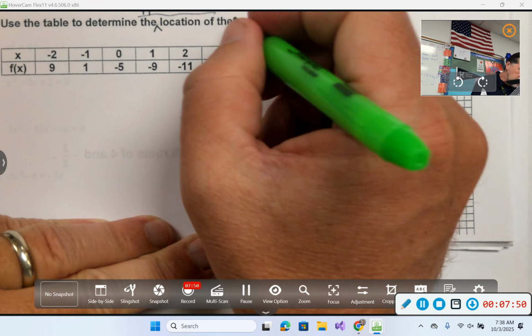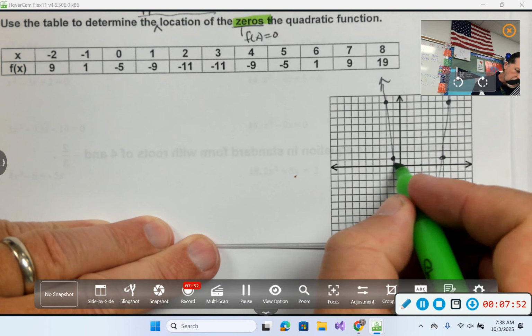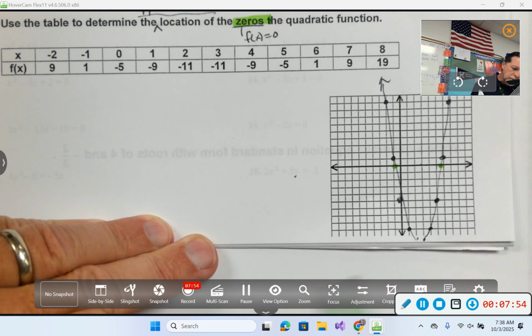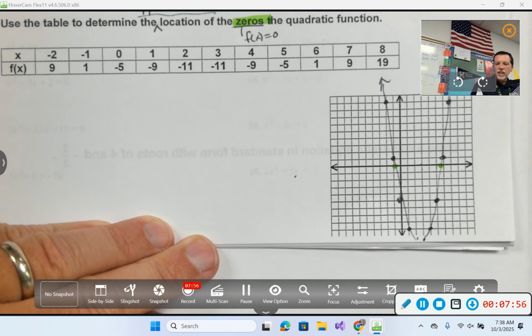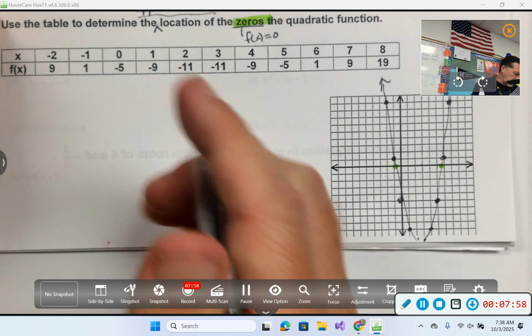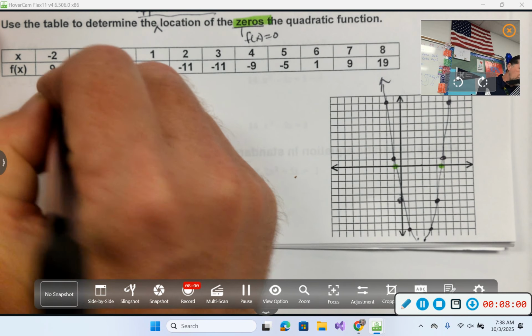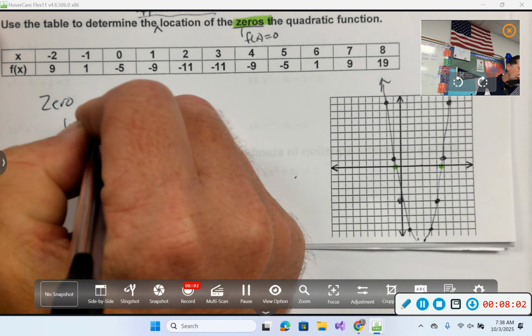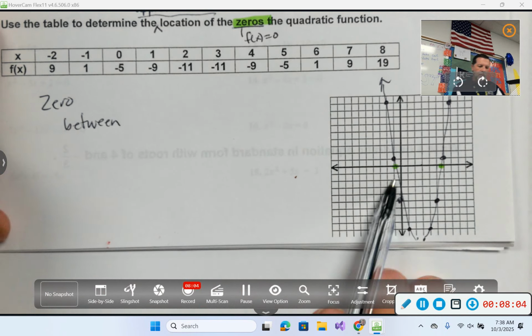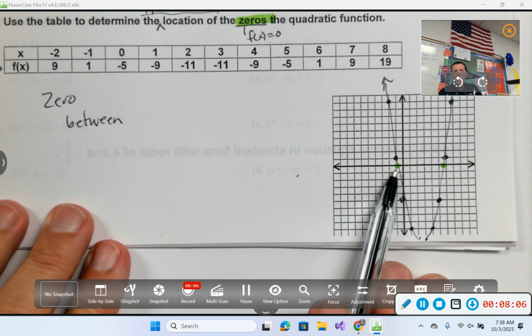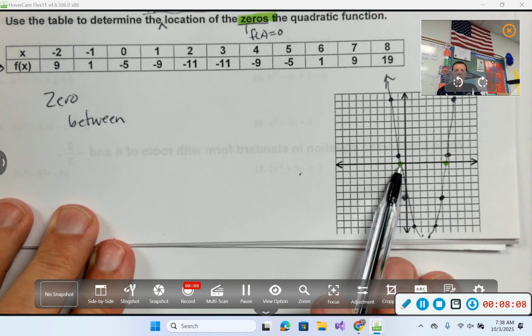Find the zeros. Okay, well, one of them's right there, and one of them's right there. So the best I'm going to be able to say is that there is a zero between... look at my picture. What x values is that zero between?